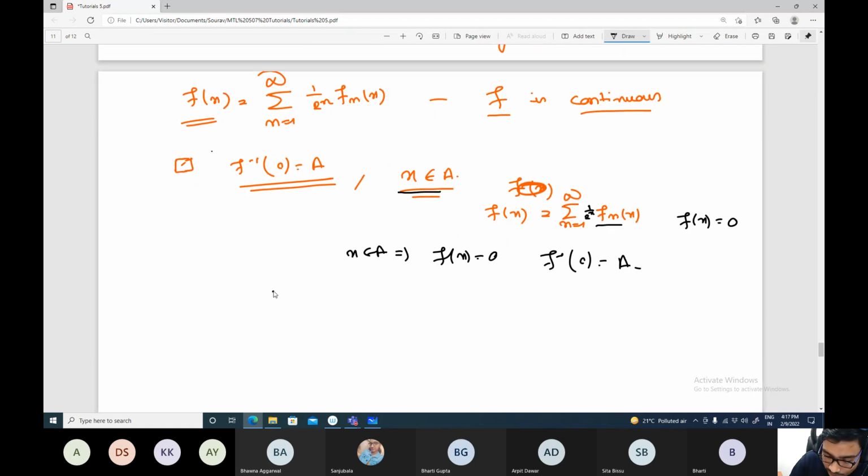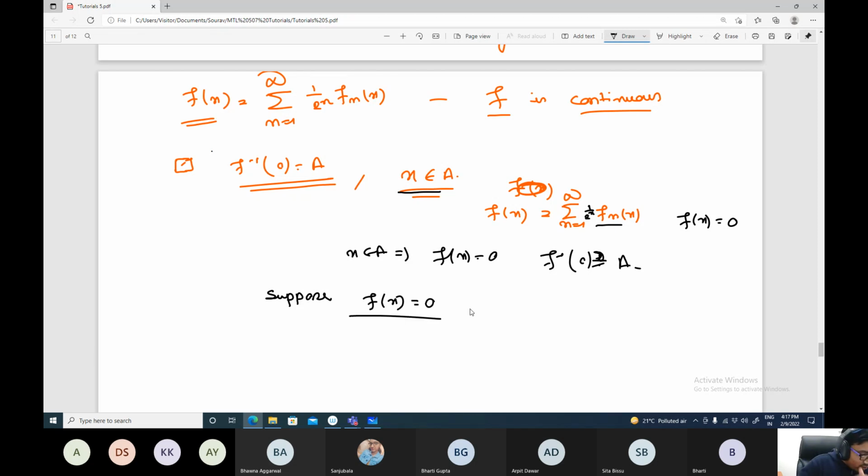So now suppose, the reverse inclusion holds. Now suppose some x belongs to f inverse of 0, means suppose f(x) equal to 0.